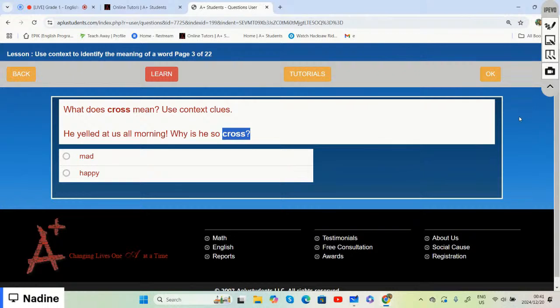So the word cross, is it why is he so mad, option 1? Or why is he so happy, option 2? If somebody's yelling all morning, does the word cross mean he's mad, option 1, or he's happy, option 2?